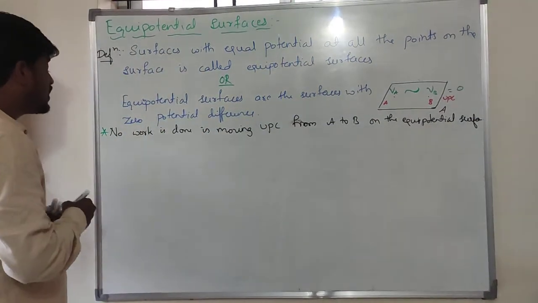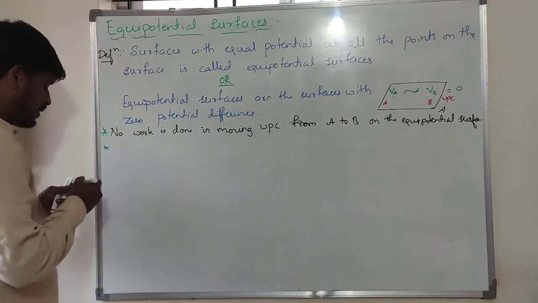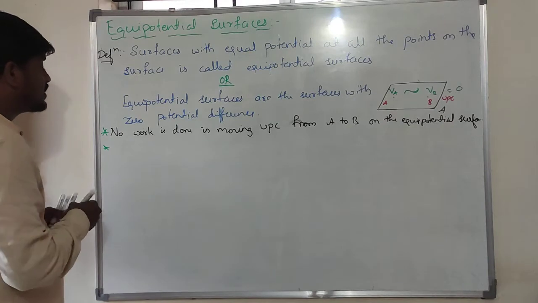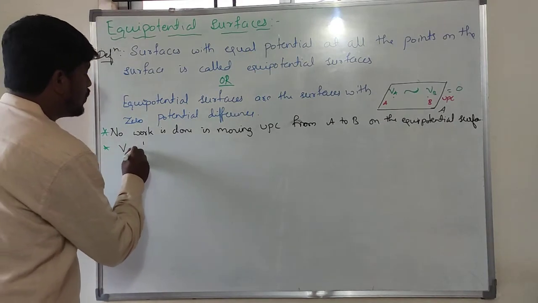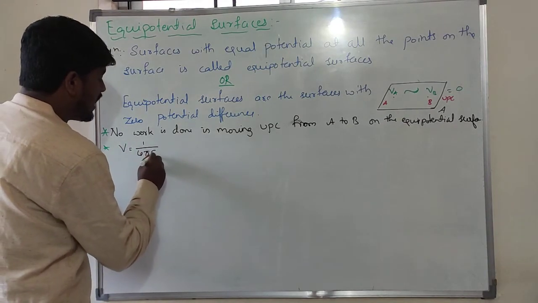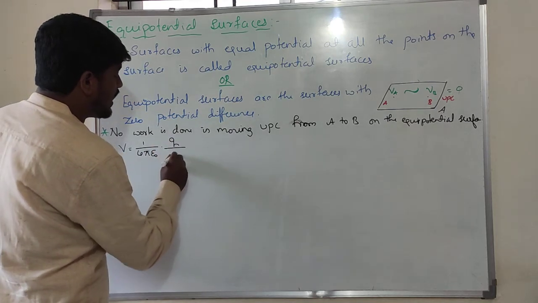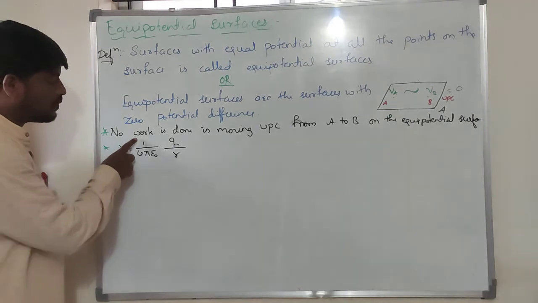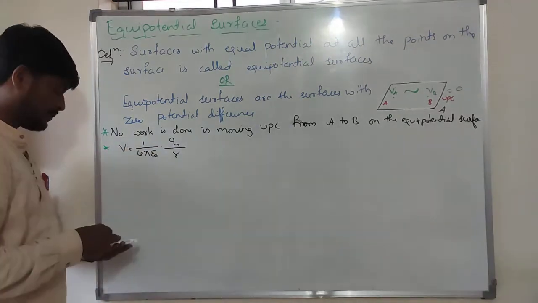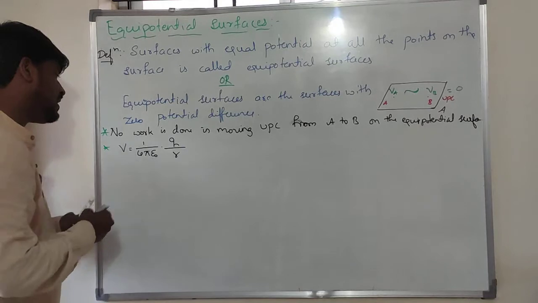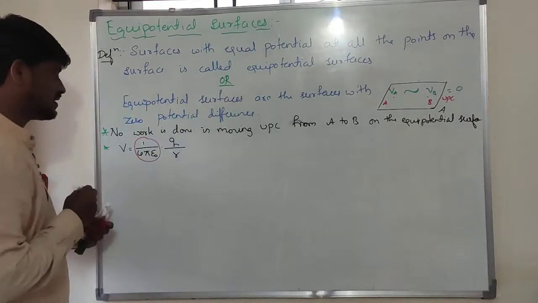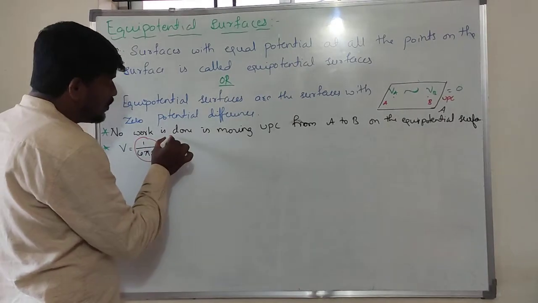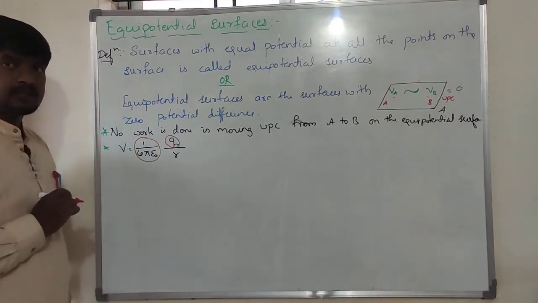The second point we have to remember is the equation for electrostatic potential: V is equal to 1 by 4 pi epsilon naught into Q by R. In this equation, the value 1 by 4 pi epsilon naught is constant, and Q is also constant.